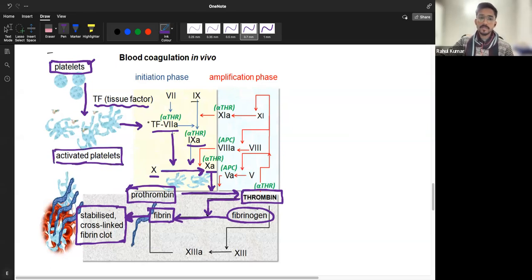Good to remember these two factors if you can. If not, just remember this 10A. First comes thrombin from prothrombin, then comes fibrin from fibrinogen, and then fibrin makes the clot. Draw it in your notebooks, people.